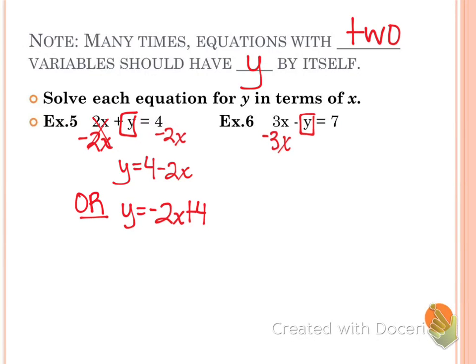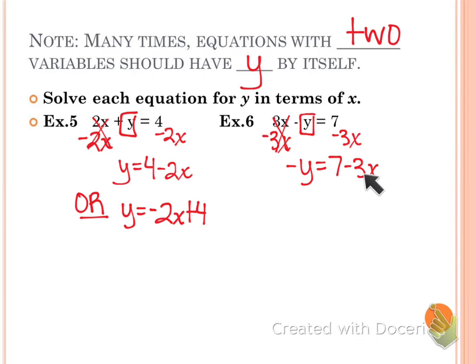But if I do it to one side, I have to do it to the other. When I do that, what sign is still in front of the y? A minus sign or a negative sign, however you want to view it. So this is negative y is equal to 7 minus 3x.